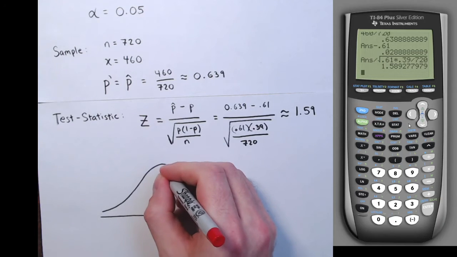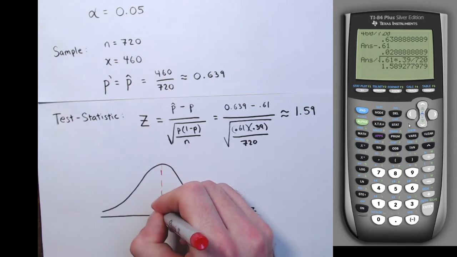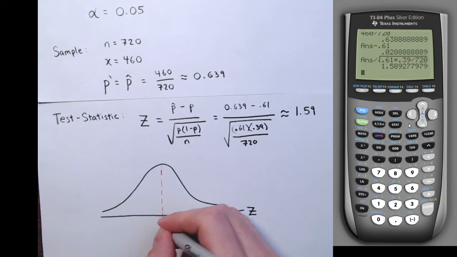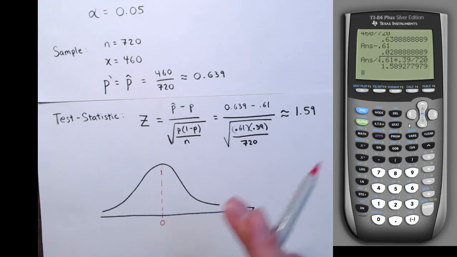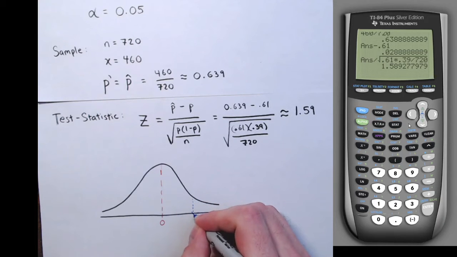The z-score underneath the peak is a z-score of 0. And then our test statistic, the z-score for our sample proportion, came in at 1.59. So over here somewhere, there's 1.59.